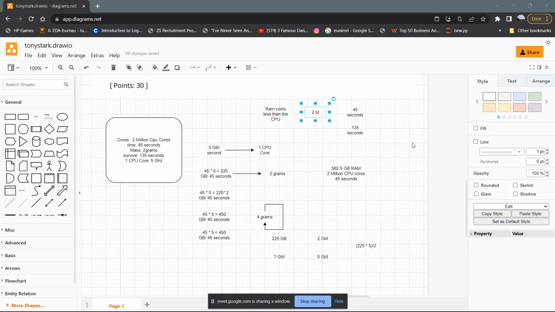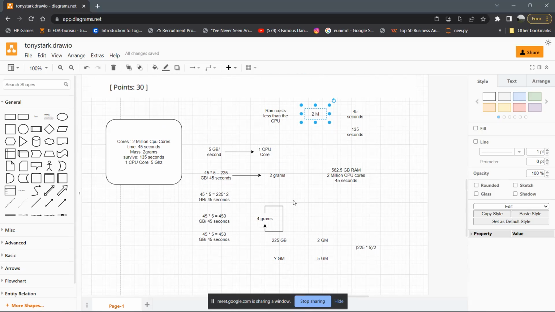Okay, so if 2 million takes 45 seconds, and then you increase the time to 135 seconds, it should divide it. That's why I'm a bit lost. Both are inversely proportional. With 135 seconds, the number will be less.